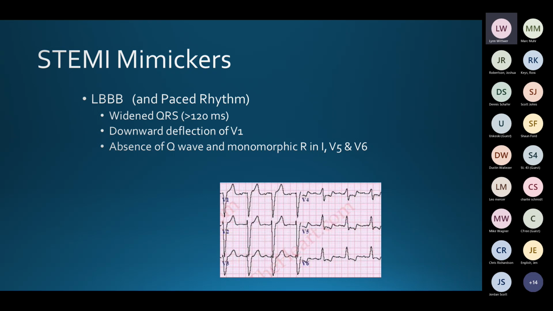The left ventricle is normally innervated by the left bundle that traverses down the ventricular septum. The right bundle goes to the right ventricle, the left bundle goes to the left ventricle.